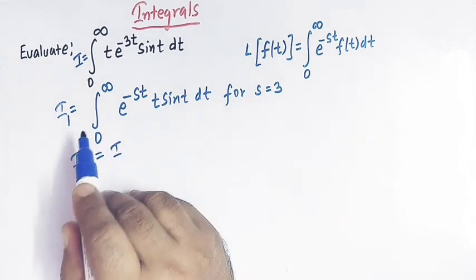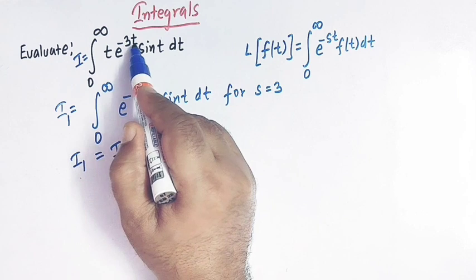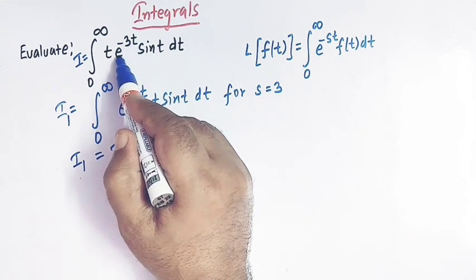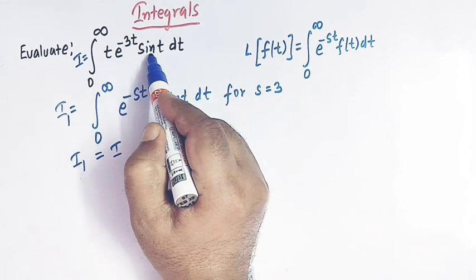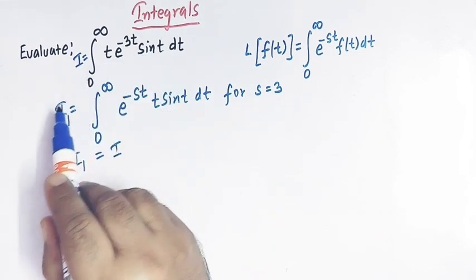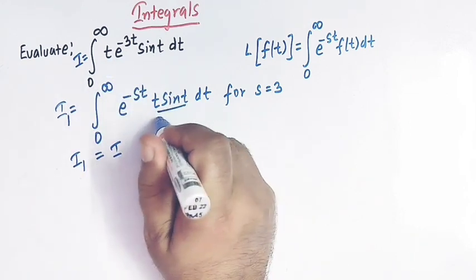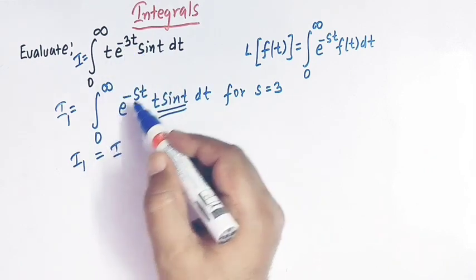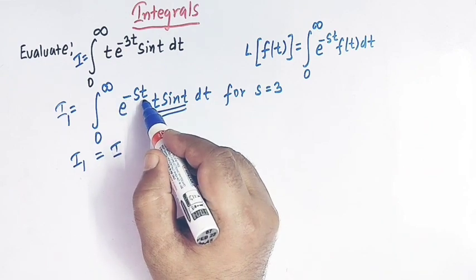So what we have done here, if we wish to solve these type of integrals, then what we usually do, see here we have a term e raised to minus 3t, right? And apart from this term e raised to minus 3t, we have t times sine t, right? So if we take t sine t separately here, and e raised to minus 3t can be written in general as e raised to minus st, right?